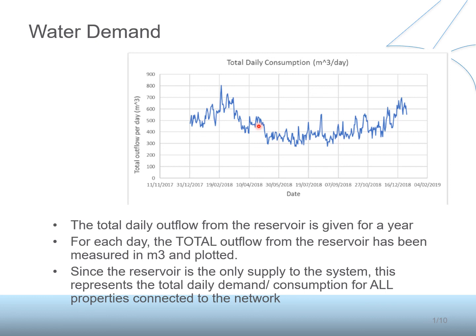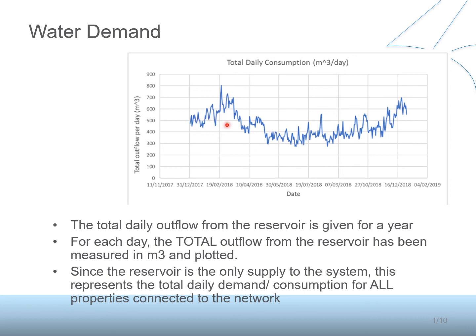So from this figure, we can see the maximum daily demand is 800 cubic meters per day. That's not one particular property, but the whole township. The maximum daily demand is 800, and the minimum daily demand is 300.